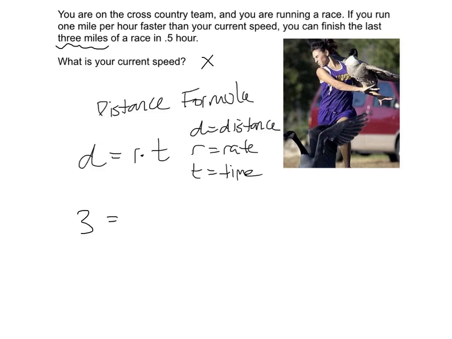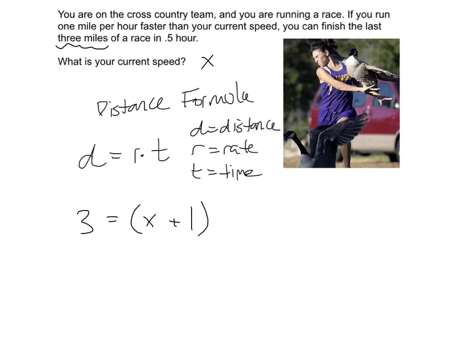That's equal to the rate. All right, and again, what is your current rate? Well, we don't know, but we do know that if you take it, and again, we don't know exactly what it is, it's x, and if we add to it 1, that would be the speed that would help you finish those last 3 miles in a half hour.